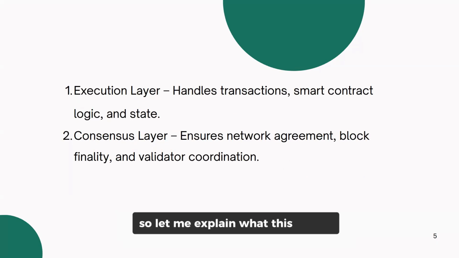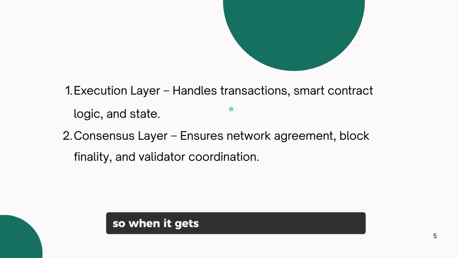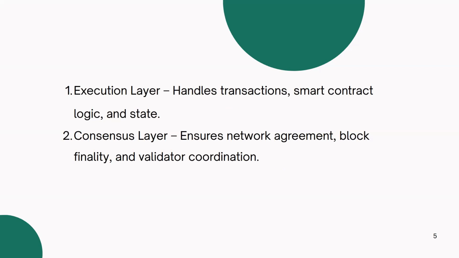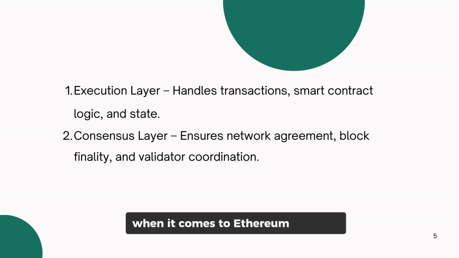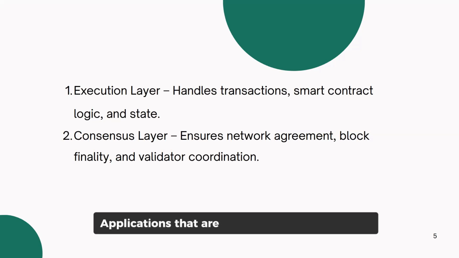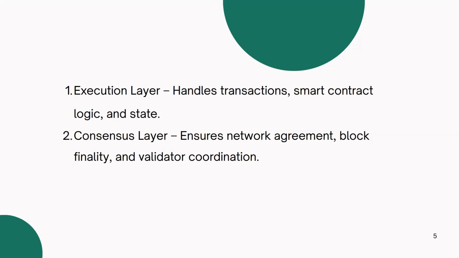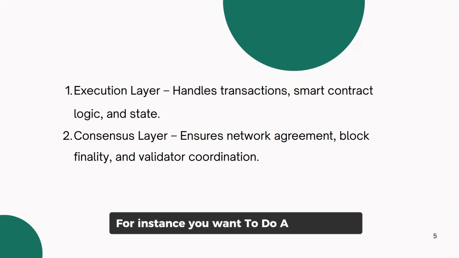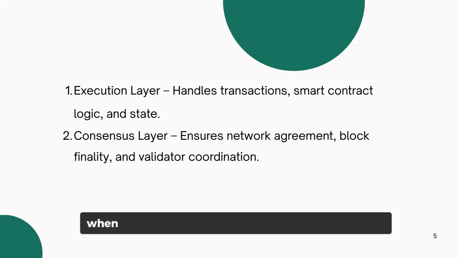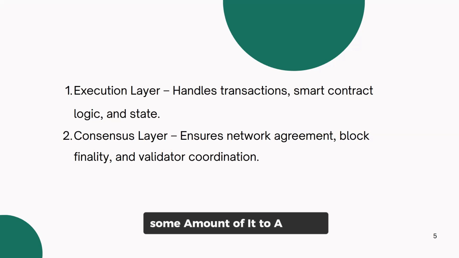So let me explain what this is now. When it comes to Ethereum, we have applications that are running on the blockchain. For instance, you want to do a transaction, meaning you want to send some amount of ether to a friend. That's an example of a transaction.